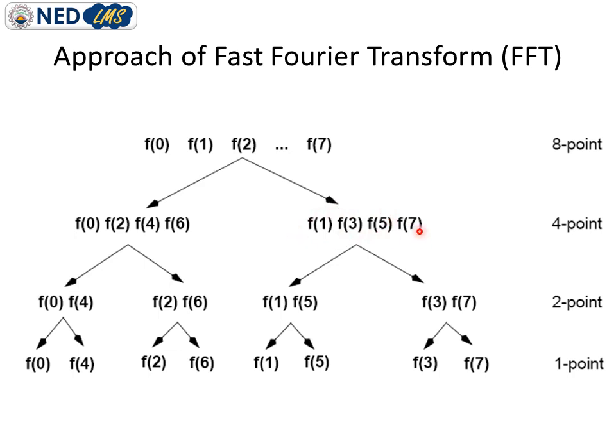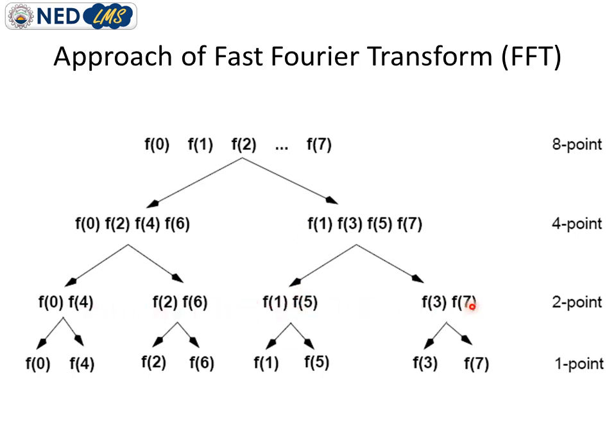Or again, if we are interested in saving more computation, then we can divide this 4 samples into smaller numbers such as 2 and 2. So you can see that this set is also divided into two sets, each of which contains two samples. So we can calculate the number of computations for this third step, or third decimation step.